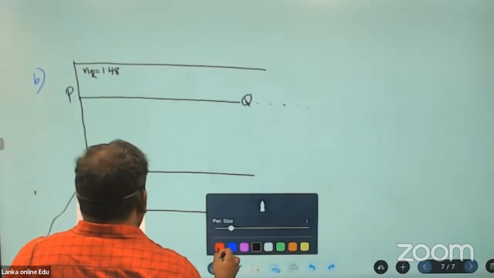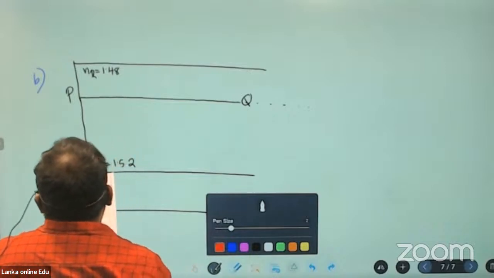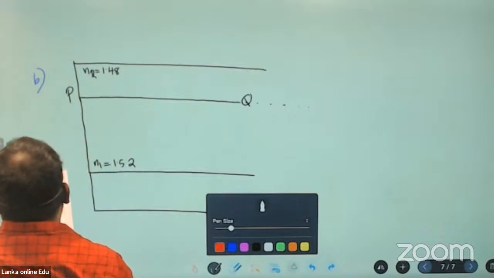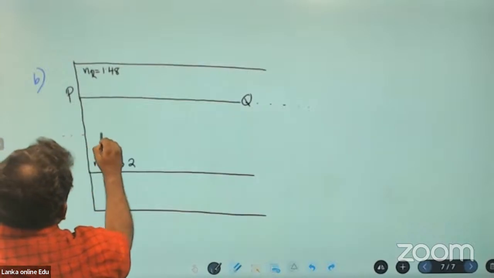What are they asking? Determine the maximum value of theta for the rays to undergo total internal reflection.